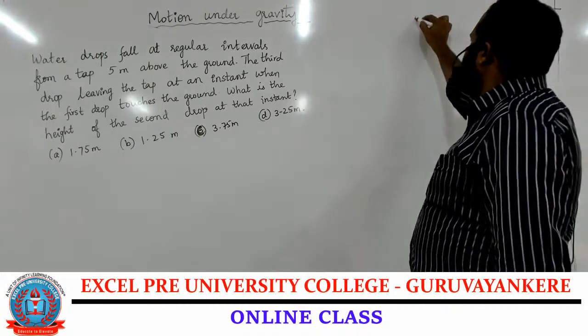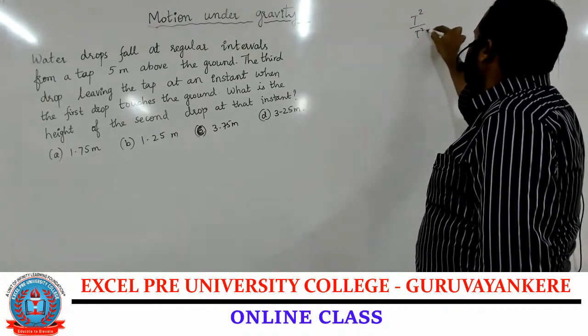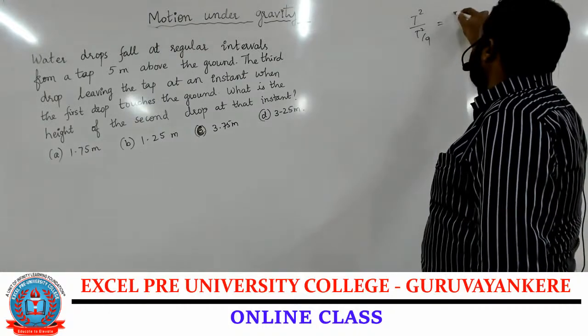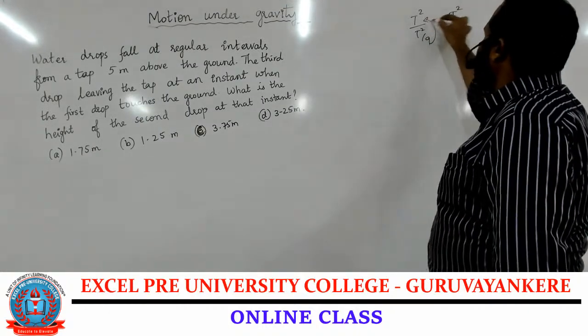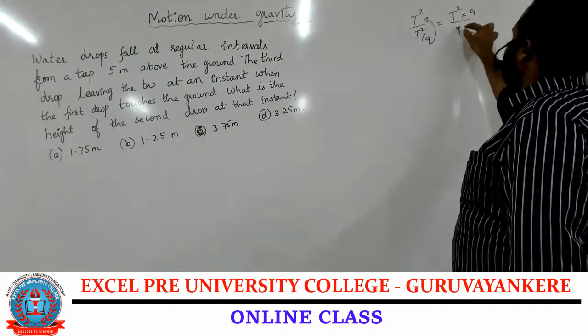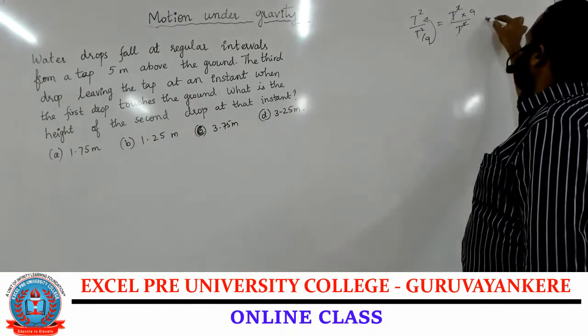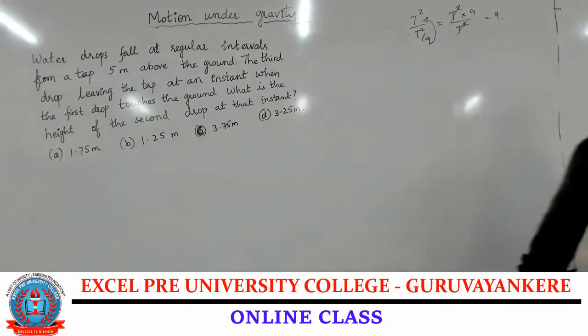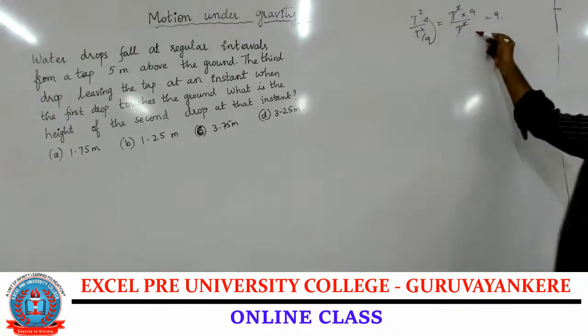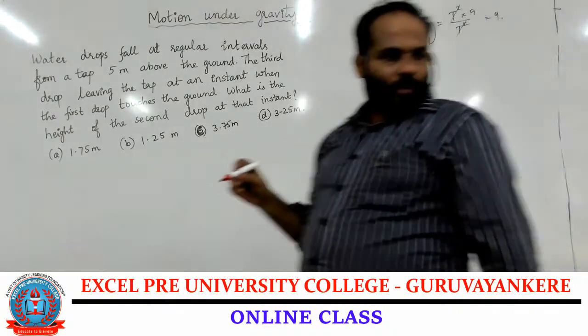Somebody asked me how t square by 9 got cancelled. Obviously, see, this is t square. This goes to numerator, into 9 divided by t square. So t square is equal to 9. That cancels, no? Hope you understood. Okay?